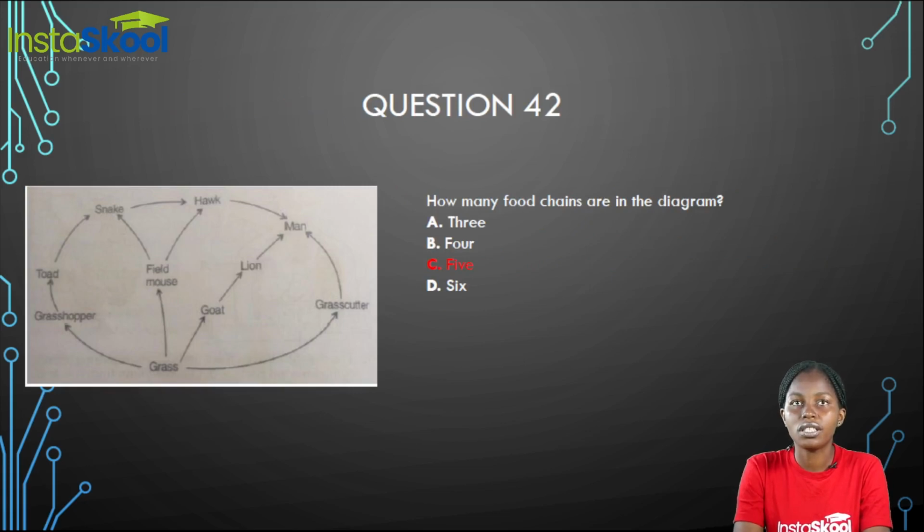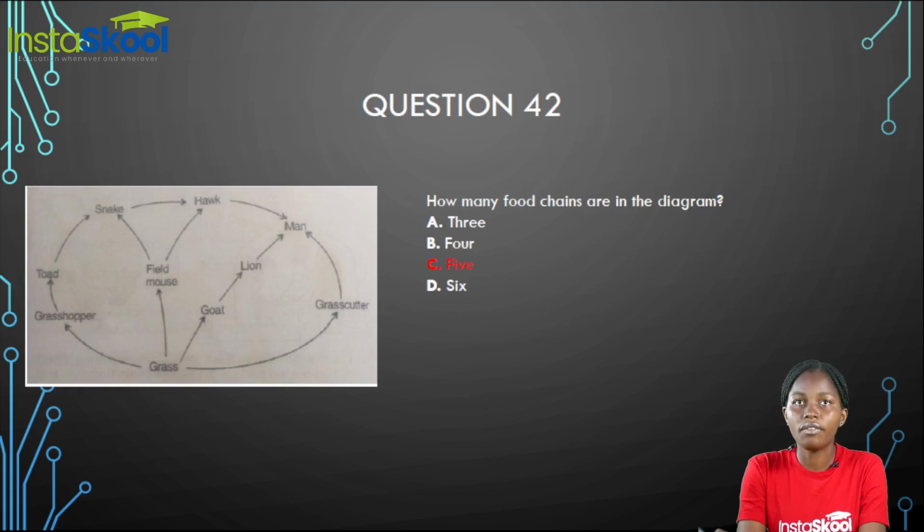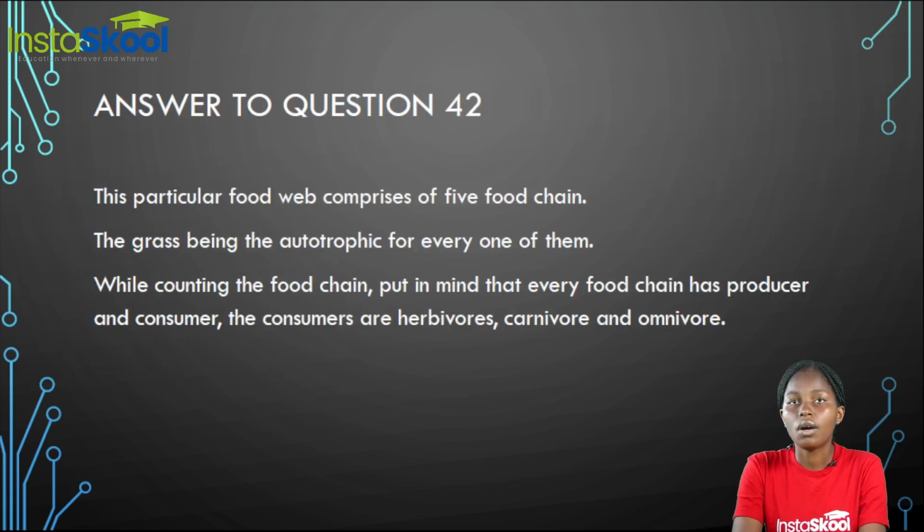We move on to the next question. Using that same diagram, we are meant to answer this question. How many food chains are in the diagram? From this diagram, we have about 5 food chains. And we know that a food chain has autotrophic and heterotrophic organisms, that is, the producers and the consumers.